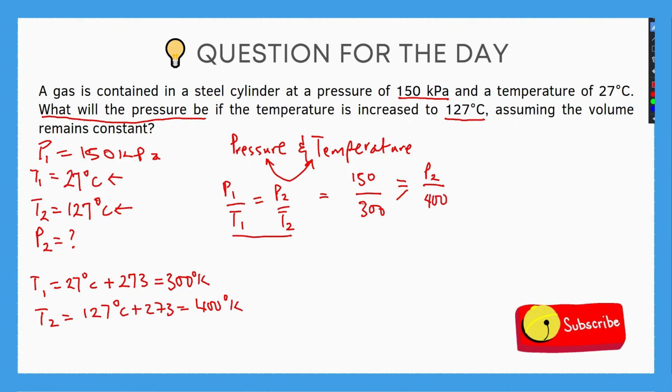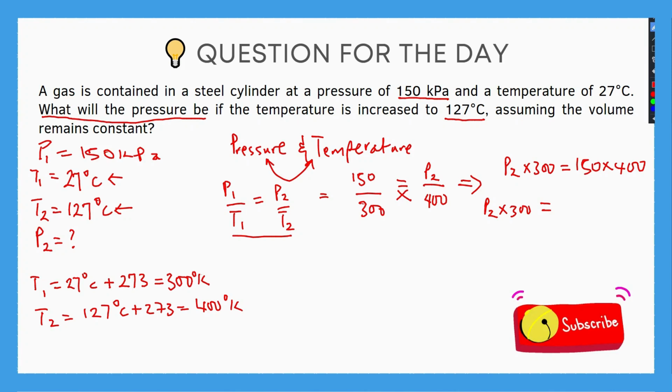At this point, we can cross multiply. It now becomes P2 multiplied by 300 is equal to 150 times 400. 150 times 400 gives us 60,000.